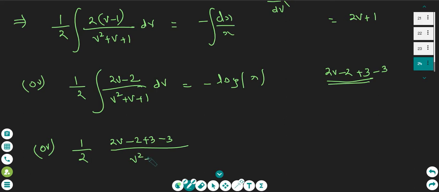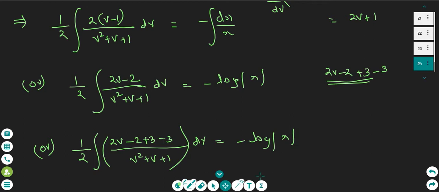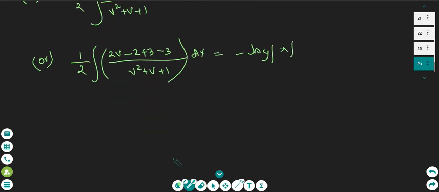Divided by v squared plus v plus 1, the whole of dv, integrate, equal to minus log mod x. Okay, so the next step, half of this, as we know, 2v minus 2 plus 3, I can write this as 2v plus 1, and this minus 3 will remain as it is.